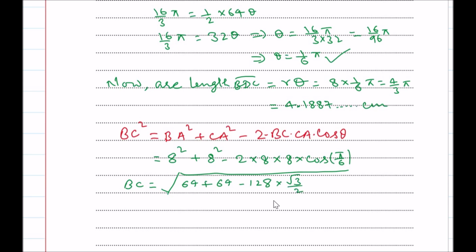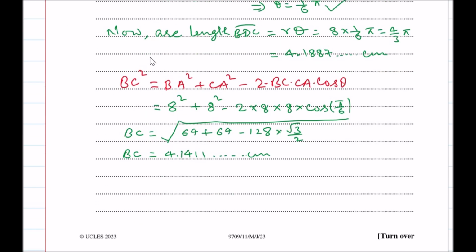Now once you calculate this, we get BC equal to 4.1411 in 4dp. This is not the exact answer and not the final answer. So this much centimeter, not a square centimeter.